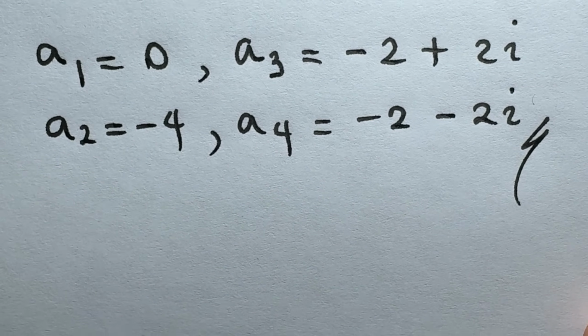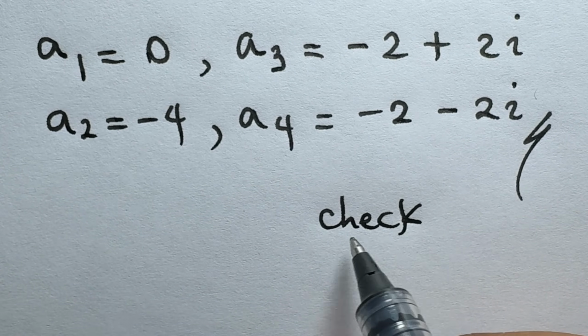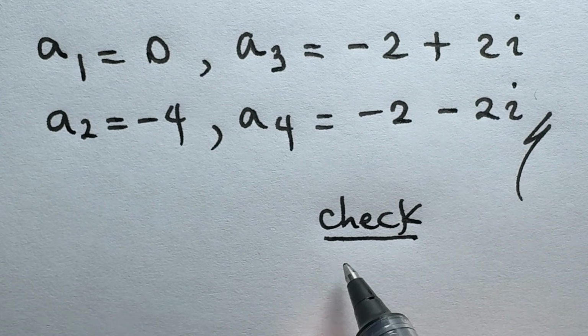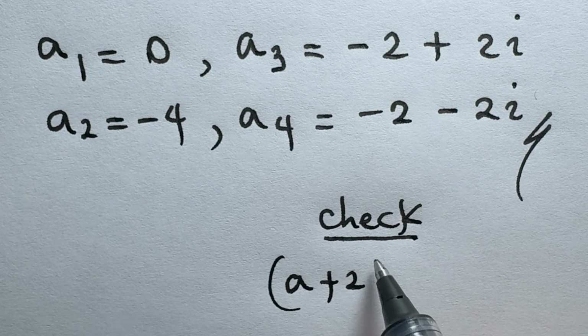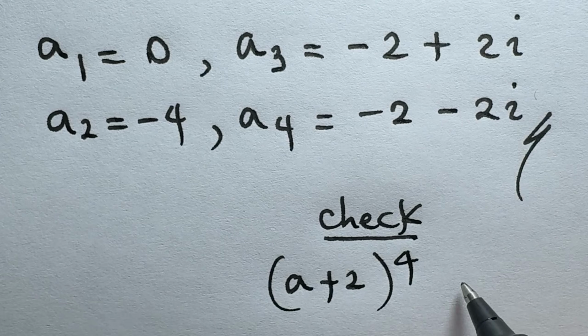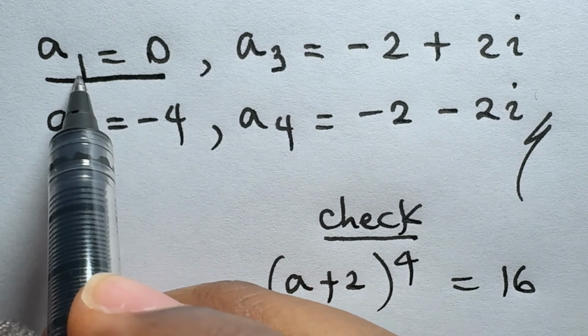And we can do a quick check with these values. We have a plus 2 raised to power 4 to give us 16. Starting with a1, which is 0.